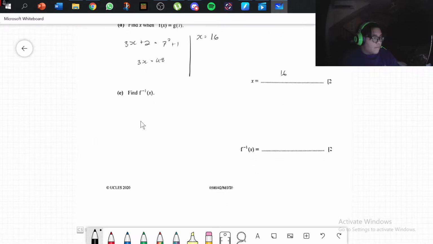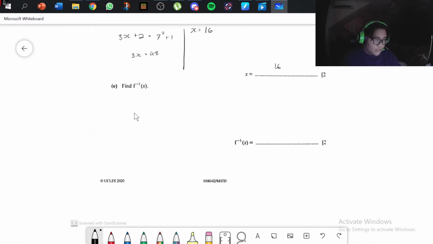And then find the f inverse of x. So first, make y equal to 3x plus 2. We change the y with x, becoming x is equal to 3y plus 2. Make y the subject: x minus 2 over 3 is equal to y. Write it down again as the f inverse of x, which is x minus 2 over 3.